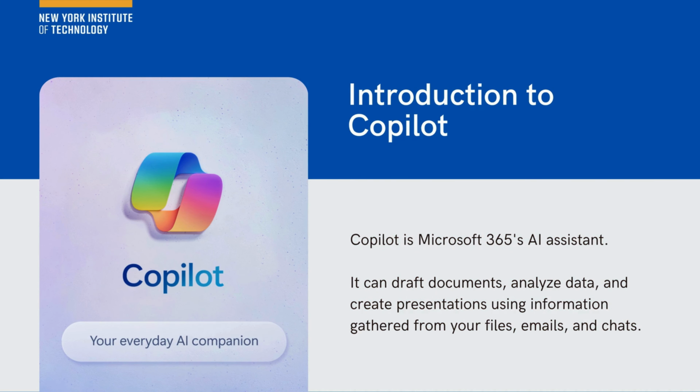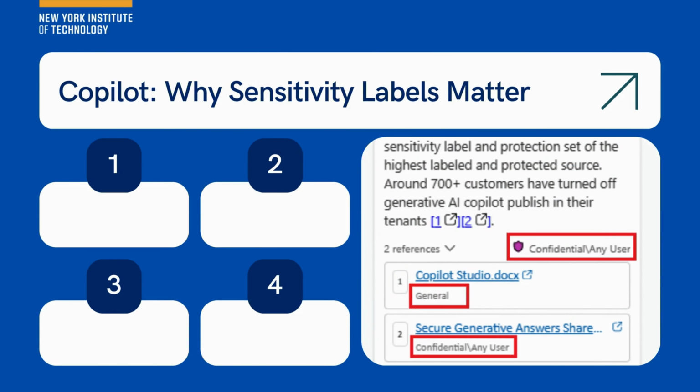Copilot is Microsoft 365's integrated AI assistant that can help draft documents, analyze spreadsheets, create presentations, and much more. It leverages context from your files, emails, and chats to deliver personalized support. When using Microsoft Copilot, sensitivity labels and DLP work together to ensure that information is used responsibly. If a document or email is labeled restricted or confidential, Copilot automatically limits or blocks certain actions to prevent data from being shared inappropriately.